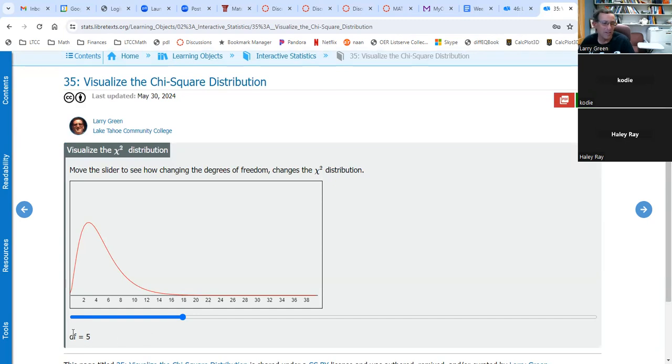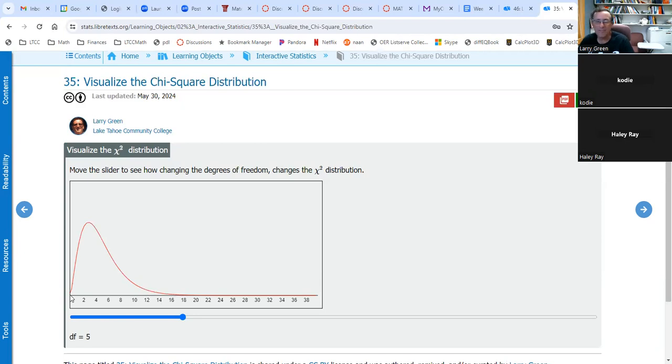Here's df for degrees of freedom, and that is 5 right now. You can see that this is not a symmetric distribution. It is skewed right. The other thing you might notice is that it doesn't go to the left of 0.